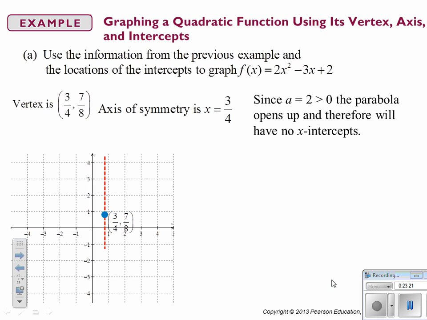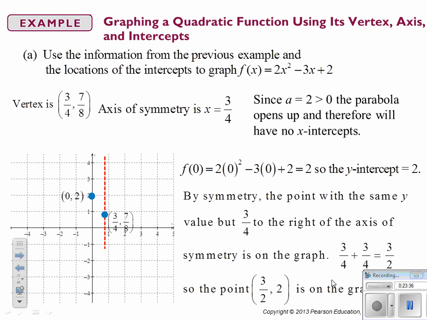When we plug in 0 for x, we get a y-intercept of 2, so let's put that on our graph. If we mirror that over our axis of symmetry, we have the same point on the other side.